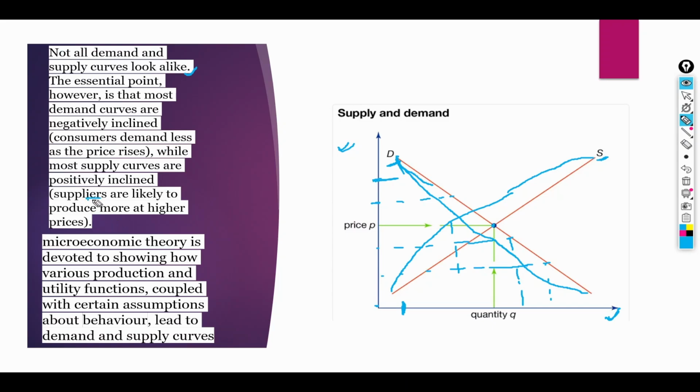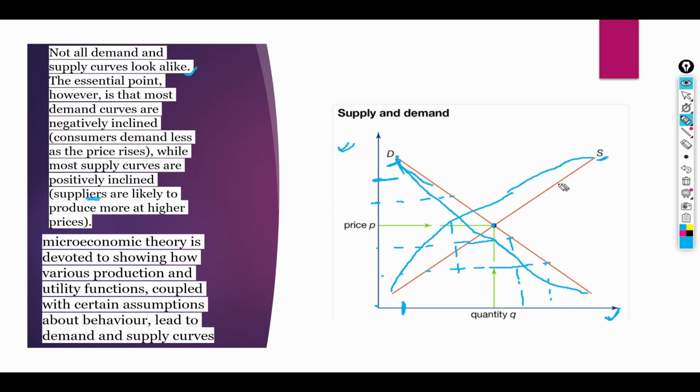Suppliers are the manufacturers who are manufacturing the goods, and they are likely to produce more at a higher price because they know that more price means more profit. There will be more difference between the input that they put in and the output that they get, so profit will be maximized. So the supplier will produce more at the higher price, because he thinks of gaining more from that high price. Hope you have understood it.